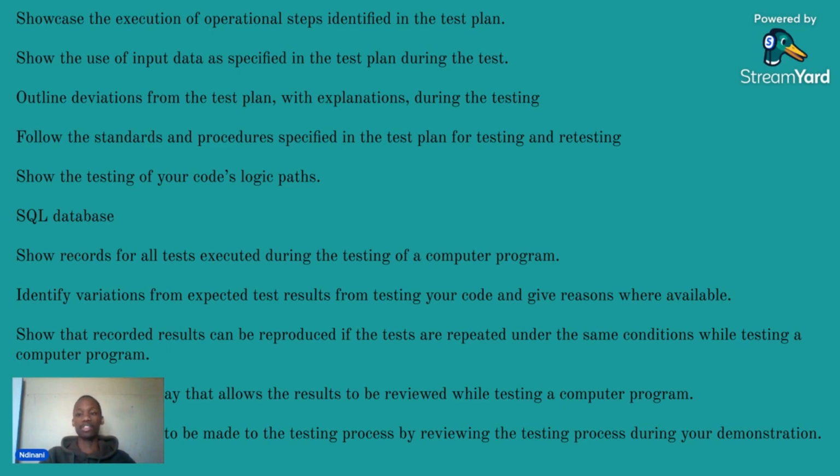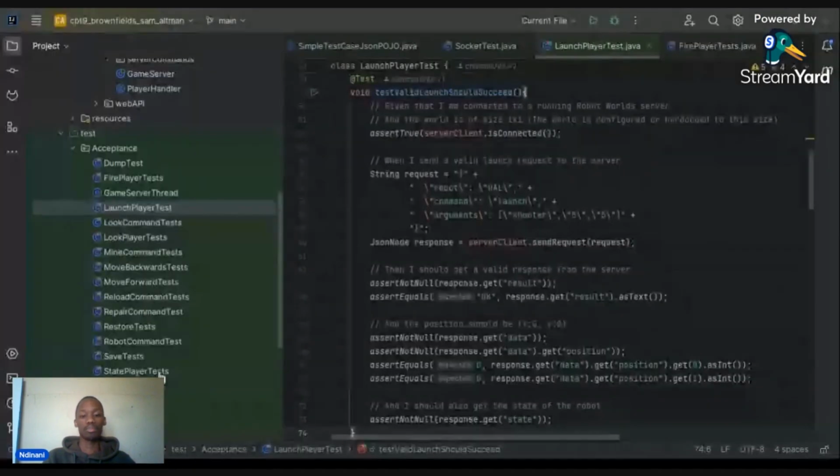Within our acceptance test for the robot world project, we demonstrate the execution of operational steps outlined in our test plan. Each scenario, such as valid launch command should succeed and invalid launch command should fail, reflects the specific operational steps that we executed and validated. In our test, we have the test valid launch command should succeed.